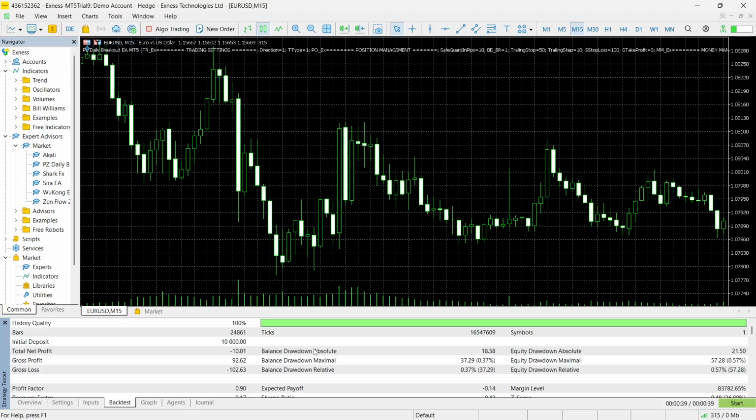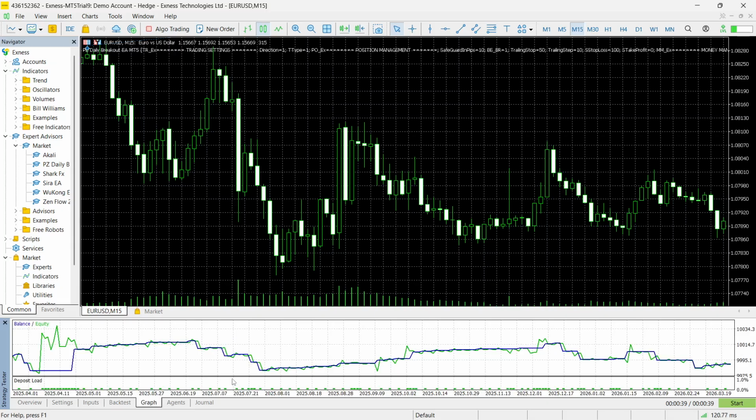Okay, but it's a loss still, so it doesn't really add up to what the developer has marketed on the sites, right? Drawdowns were actually quite modest, but you can see the equity curve wiggling around with those typical choppy swings.